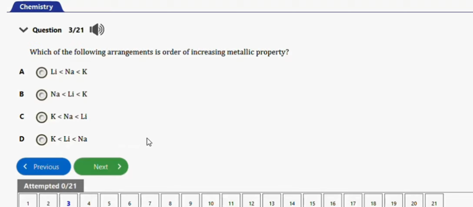So guys, the right option to this question will be option A, which is lithium is less than sodium and sodium is less than potassium, since metallic property increases down the group. That's it for this question.